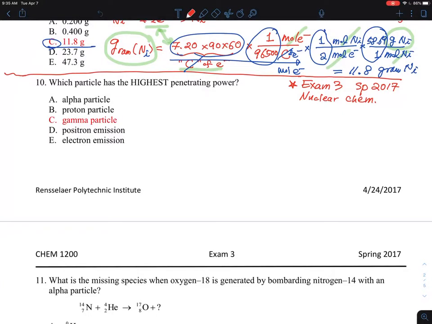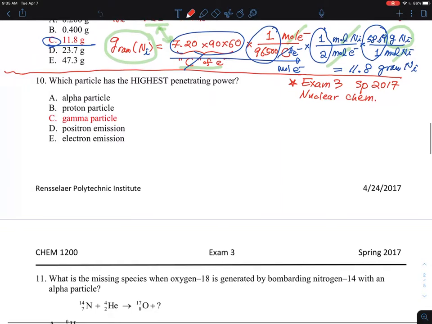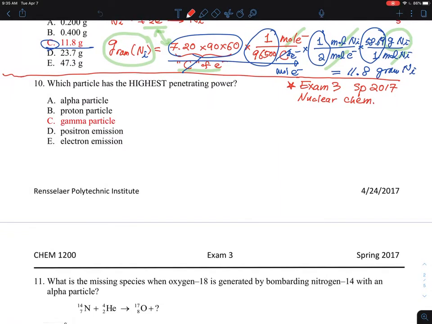So this problem is which particle has the highest penetrating power? It's kind of funny to say, but the answer is highlighted because I want to make sure that my answers are correct. So I'm sharing the screen with you, the one that already has an answer key.